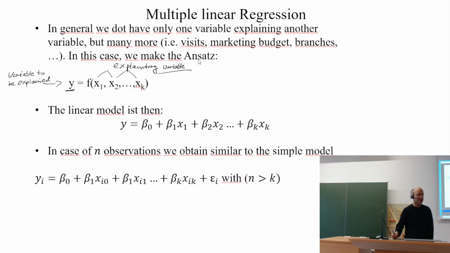Well, and in an economic way, of course, we started with this simple example where we counted visits and the impact on sales volume, but we can also think about what is our marketing budget, how many branches, how many stores do we have, how many people have we hired, and so on and so on.